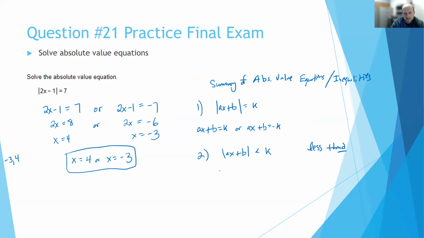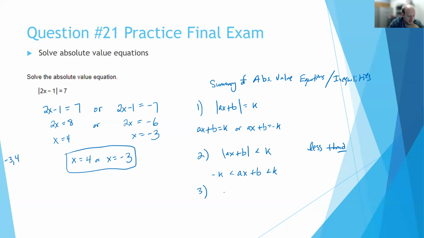So what you have to do is also have one of them as a negative, but we can write this as a single compound inequality. So we'd have -k less than ax plus b less than k. All I did here is take the original thing and add this negative k is less than to the end here. And then we just keep going step by step until it's solved.